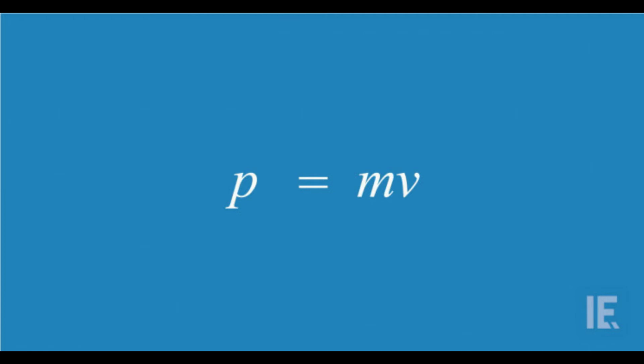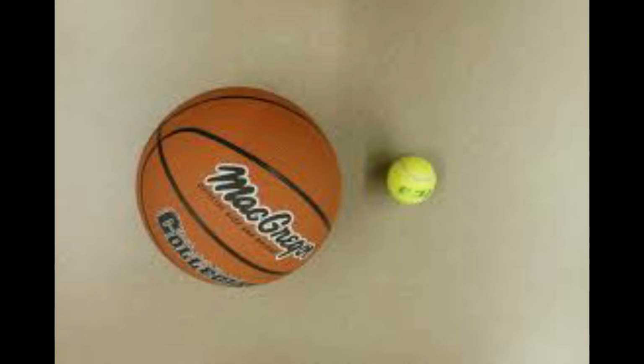If P, that is momentum, is equal to M, that is mass, into V, that is velocity, so I can say P is equal to M into V. If a body is at rest, its velocity is 0. So what will be the momentum? Yes, the momentum of the body will be 0.